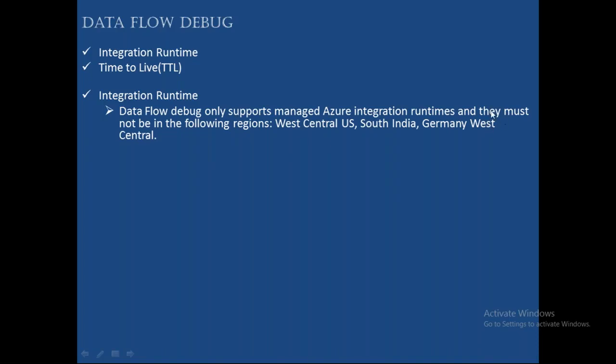But whatever integration runtime you are using for data flow should not be in West Central US, South India, Germany West Central. These three are the weak data centers. That's why you should not launch your integration runtime in these three data centers.